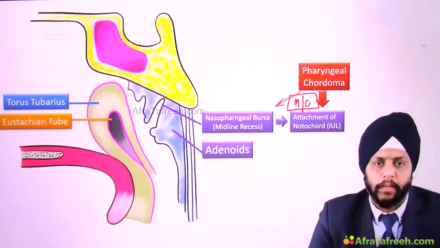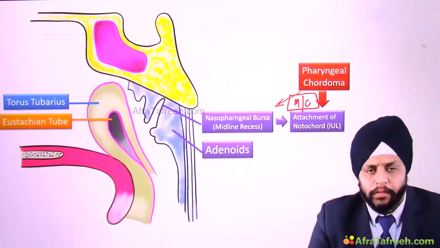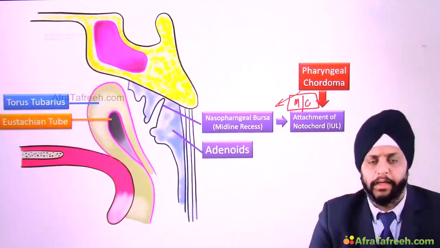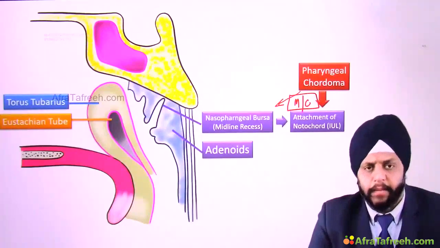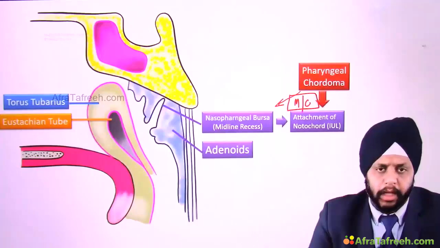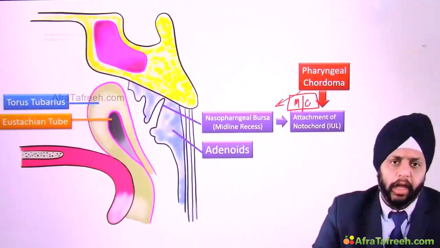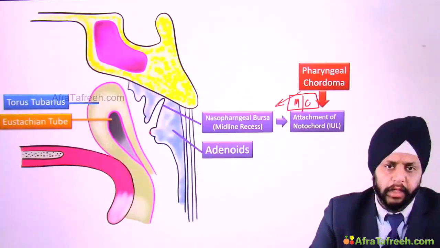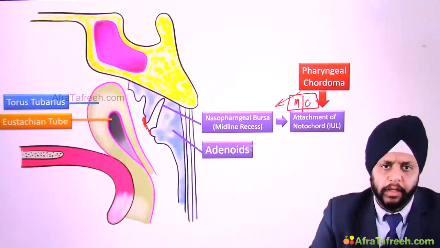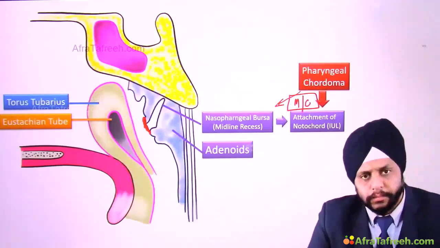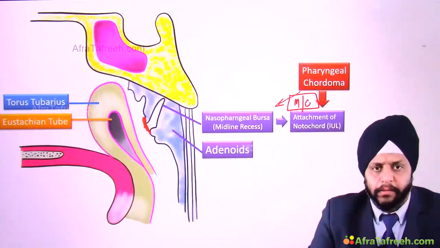Now, sometimes there is inflammation. There can be an infection. There can be allergy. Whatever the reason, because of this inflammation, the nasopharyngeal bursa may get blocked. If it gets blocked, what happens?